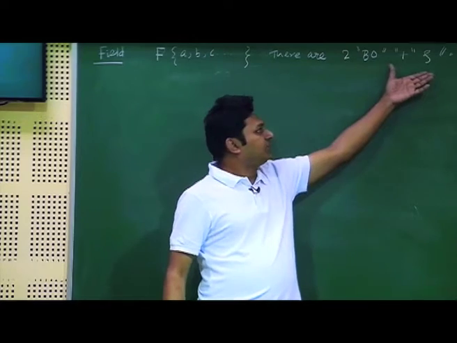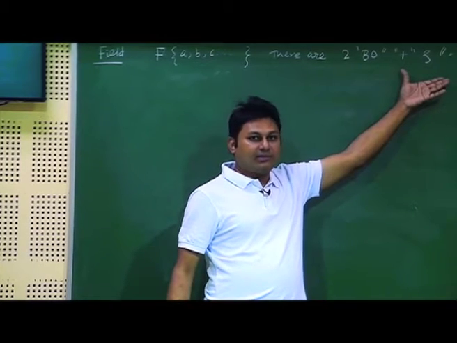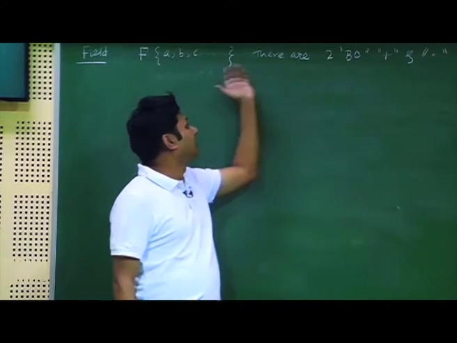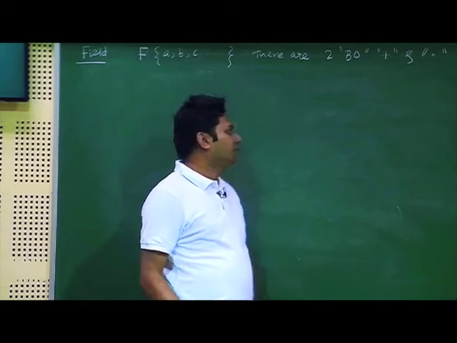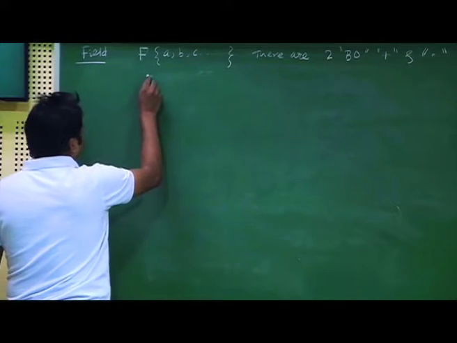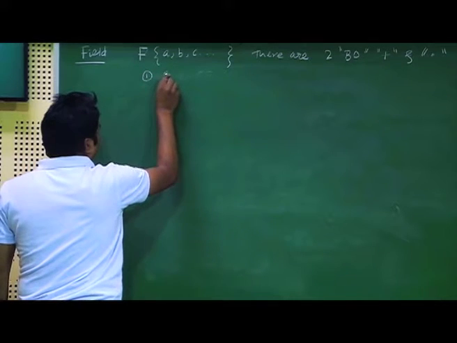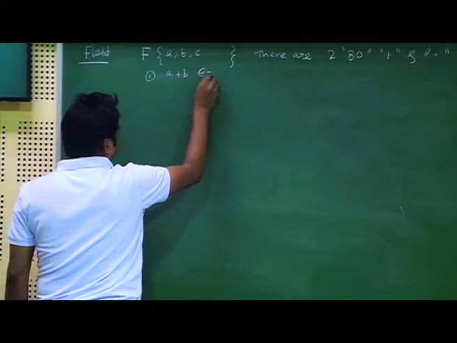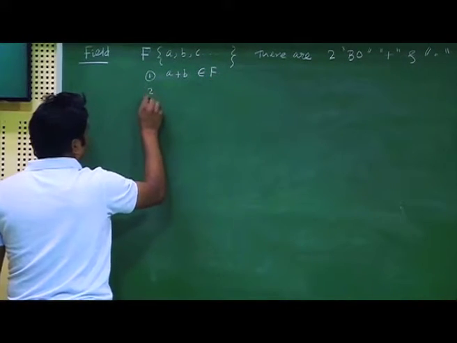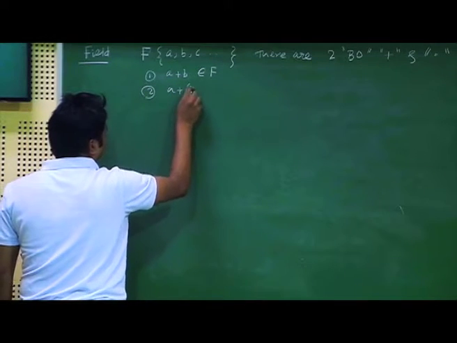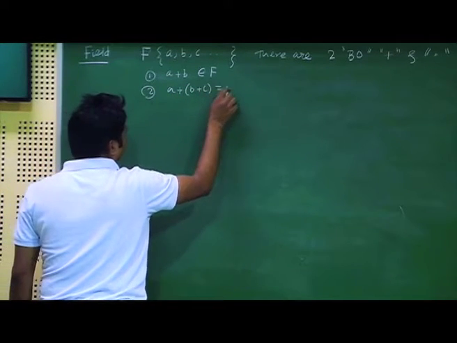Also, two binary operations are associated with this set, like the ring. Now if they follow these rules, I should write the same thing once again. Let me first write and then I am going to explain what is exactly going on here.